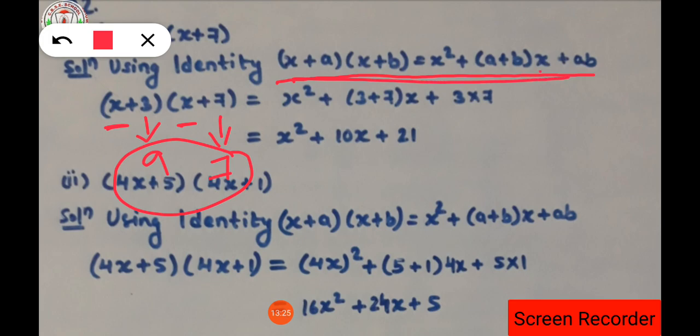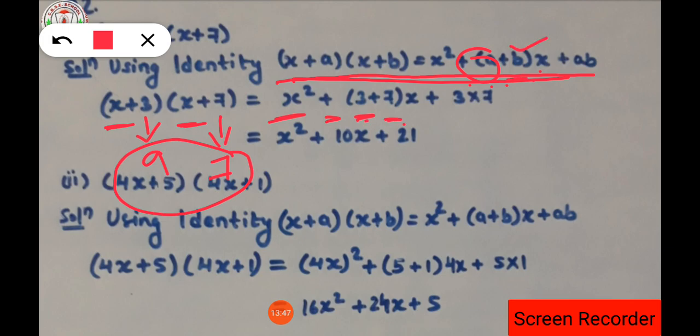So x is there itself, no difference, so it will become x square itself. Then after the plus sign, a plus b: what is the value of a? The a value is 3, so we keep 3. Then what is the value of b? The b value is 7.